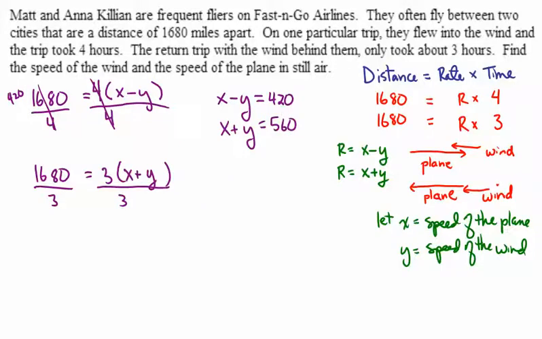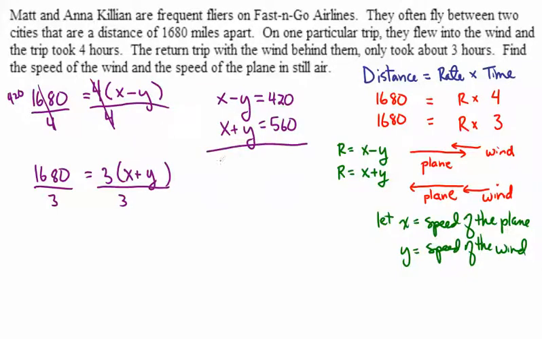So what is that? That's the speed of the plane minus the speed of the wind gives me a net speed of 420 miles per hour. The speed of the plane with the speed of the wind gives me a net speed of 560 miles per hour.